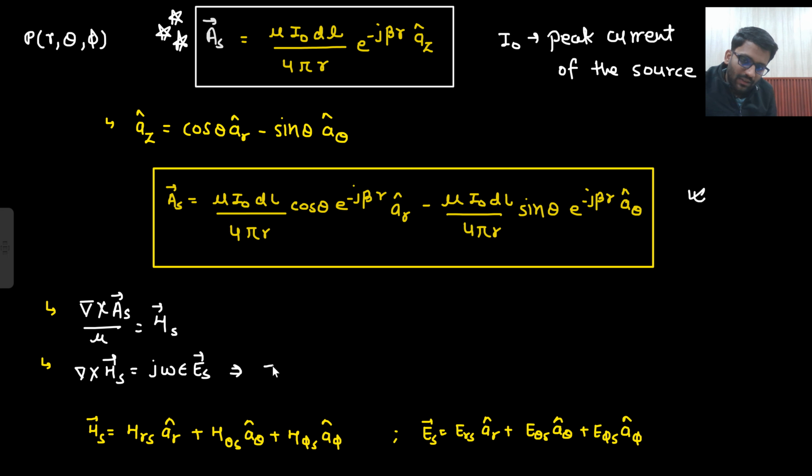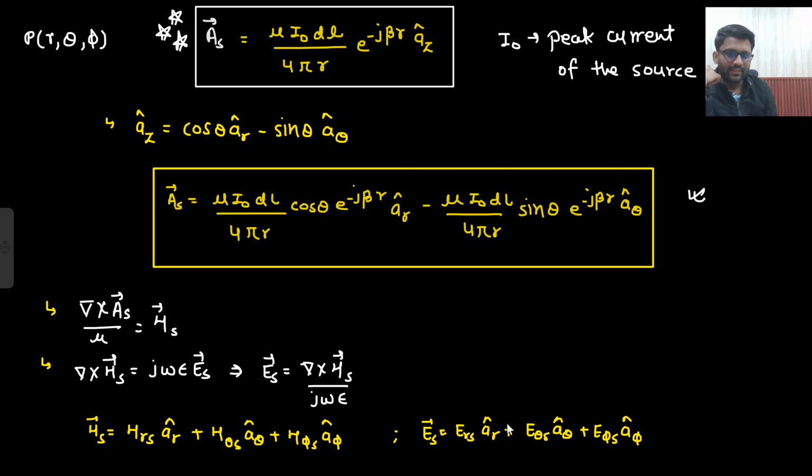So from here Es you can find out, that would be del cross Hs divided by j omega epsilon, right? So this is the equation you will use. You will find Hs, then again you will take the curl, you will get Es, right?